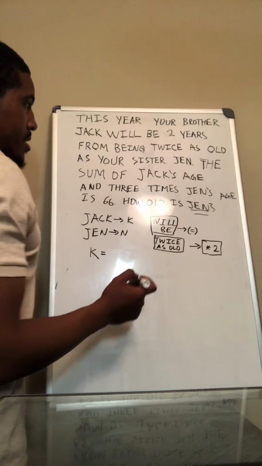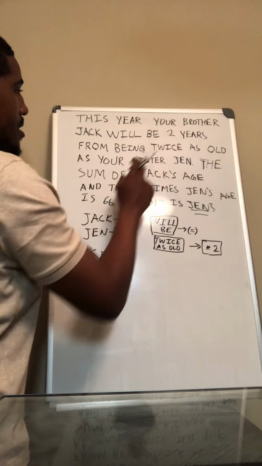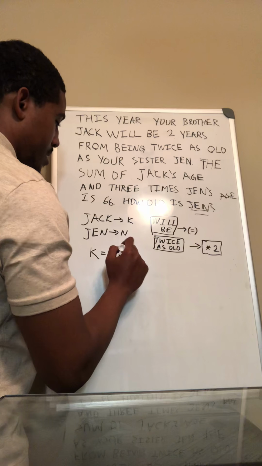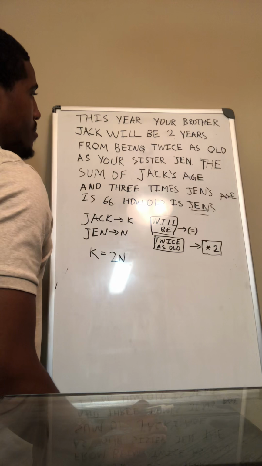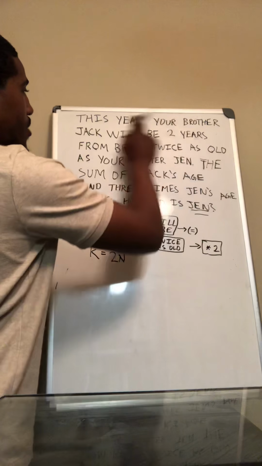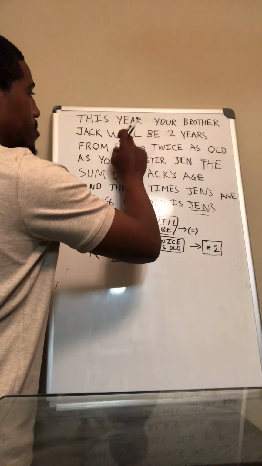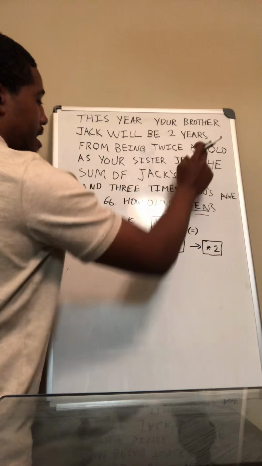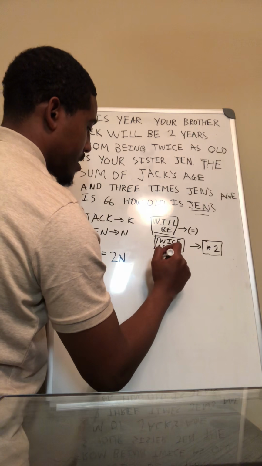So as we proceed, we begin to say, okay, so you have your 2n, but we're not done, because Jack will be equal to 2 years from being this age.